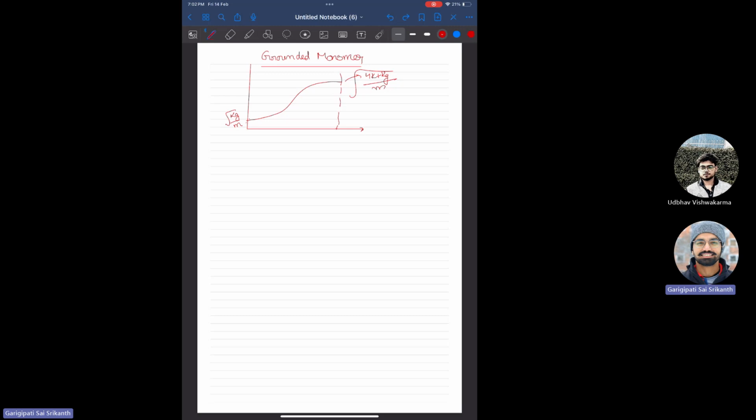Now imagine this is in phase, and this is out of phase. Imagine this is your chain. Why was the in phase mode at zero frequency?